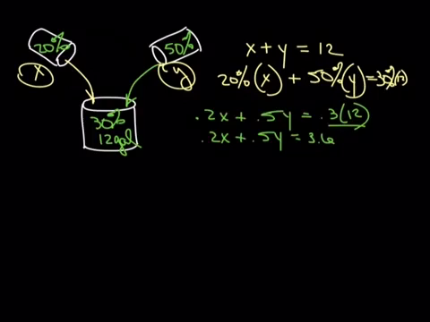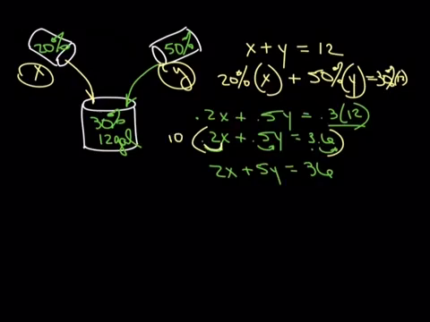And let's get rid of the decimals. So we have to move the decimal over 1 for each one of these to get rid of them, so I multiply the entire thing by a number with 1 zero. And so that times that gives me my 36.